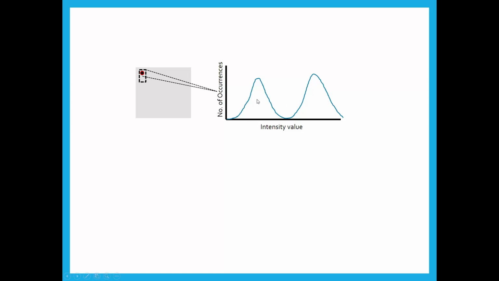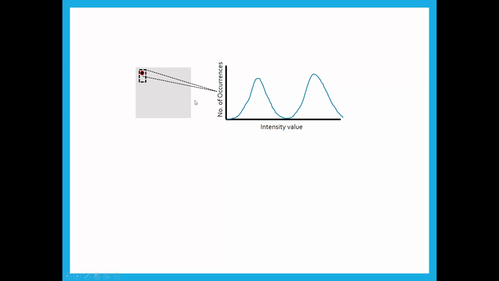That means the area of the pixels within the object region and the area of the pixels within the background region that are considered to form the histogram will be more or less the same. So our histogram will be more symmetric in nature.